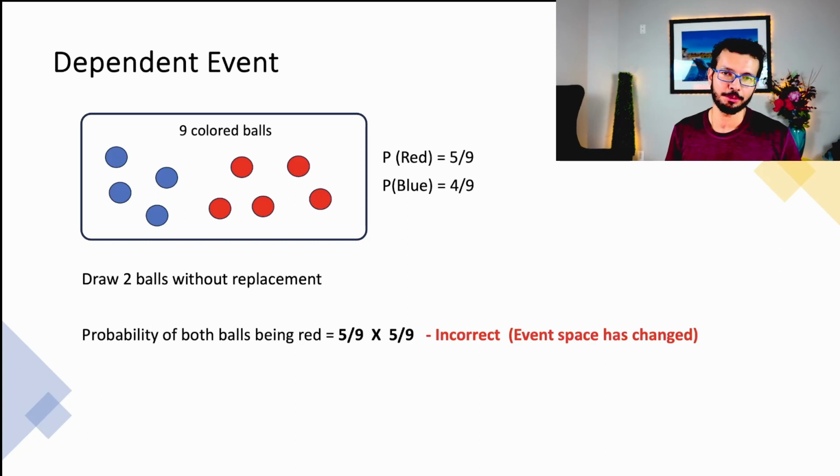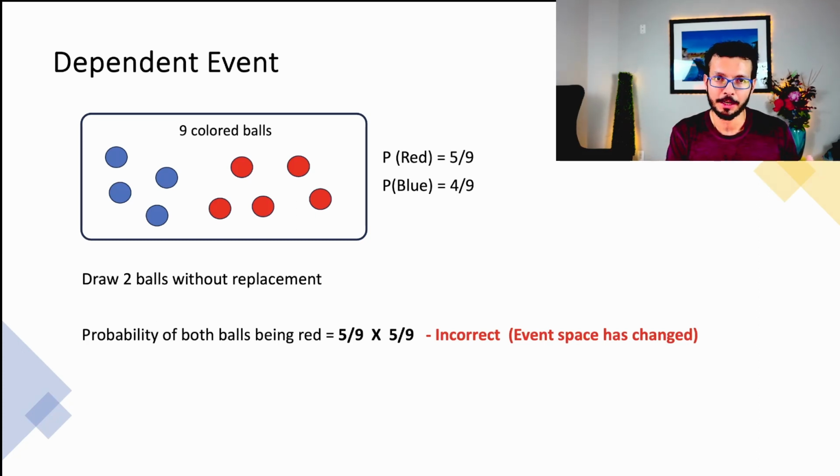Let's say we continue the same experiment. Now the only difference is that you have to draw two balls but without any replacement. So you draw the first ball, you take a look at the color of the ball, you don't put it back, and then you draw another ball and you take a look at the color. So can we say the probability of both the balls being red is 5 upon 9 multiplied by 5 upon 9? We cannot say that because now these two events are dependent on each other. Why is it dependent?